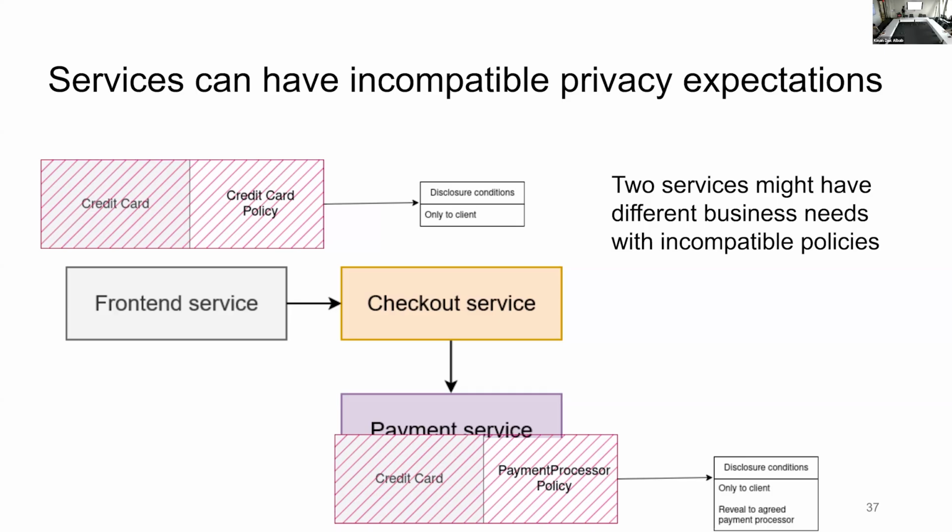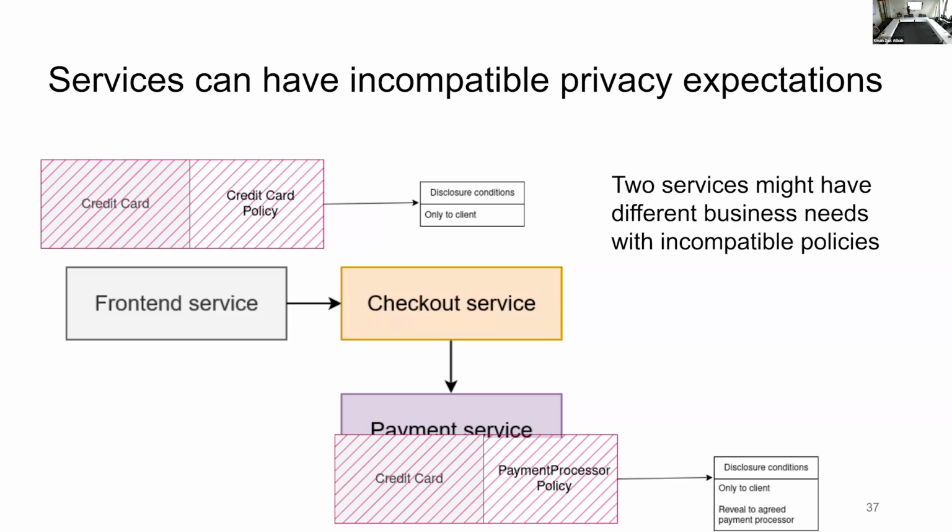All right. Using a simple example of policies, the front-end service considers that its only purpose about the credit card is to forward it to some later service that will manipulate it, or return it to the client as is. Now the checkout service developers also realize that they have no incentive to use the credit card, and they use the same policy.